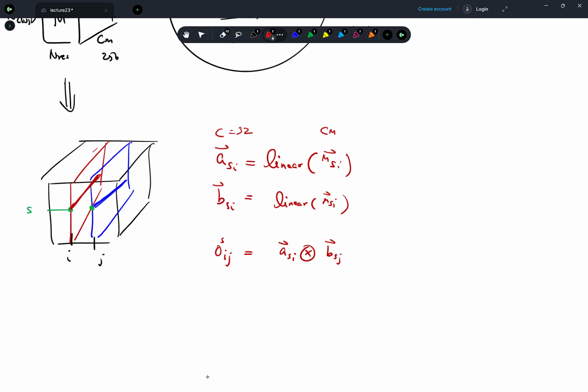Meaning the whole thing is C by C. And then they say the final o_ij is actually going to be the mean over S of the o_ijs.